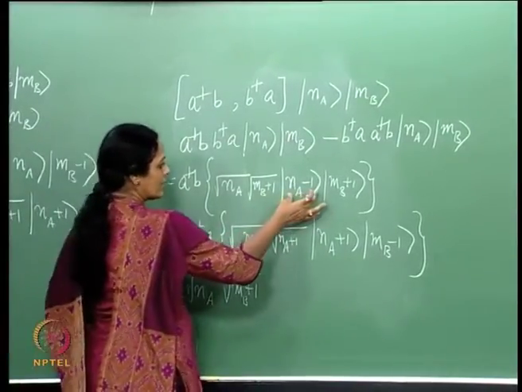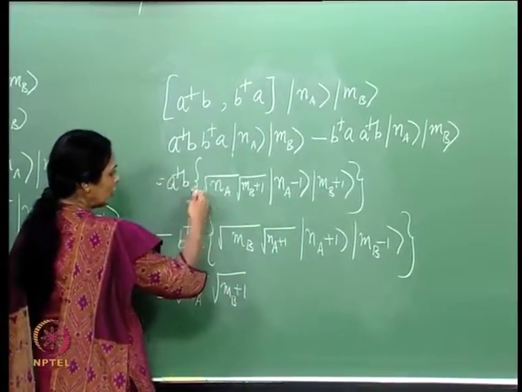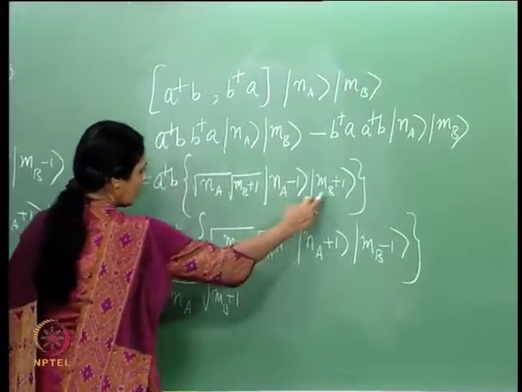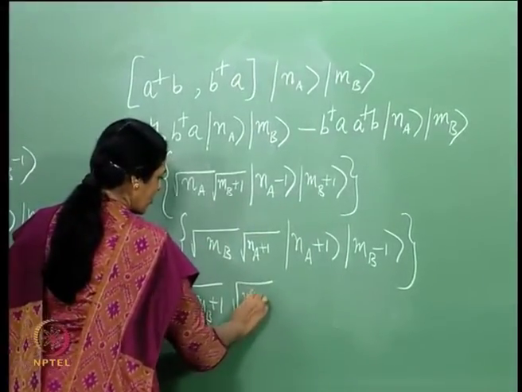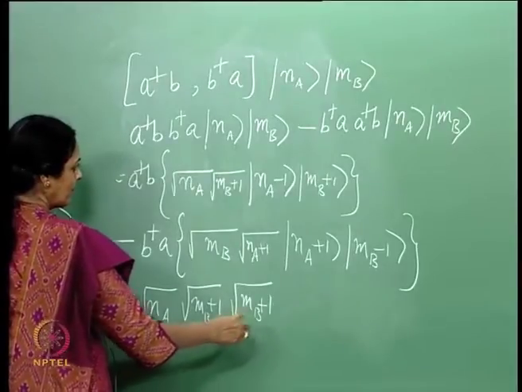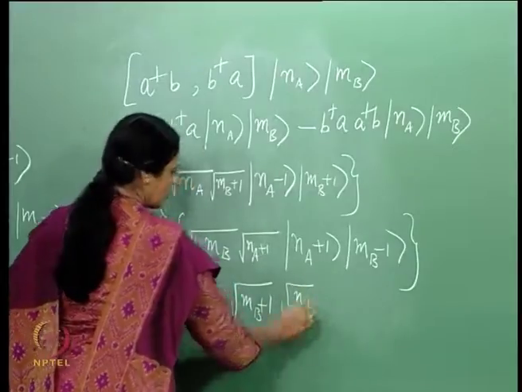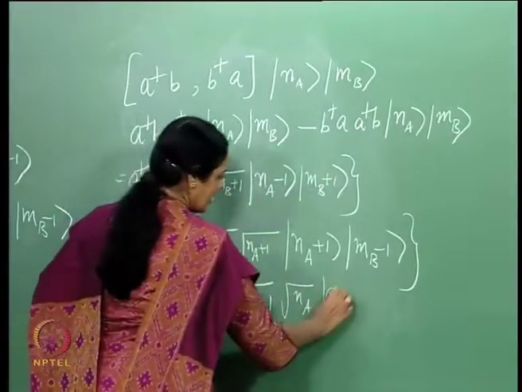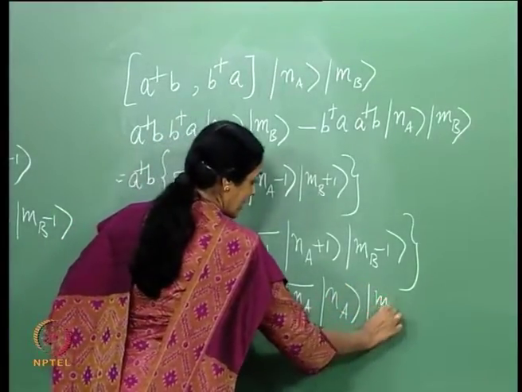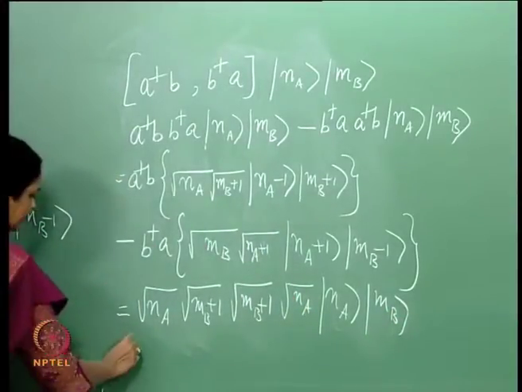So, the net state would be ket Na ket Mb. The coefficients are obvious. B acting on Mb plus 1 pulls out a root of Mb plus 1, and A dagger acting on Na minus 1 pulls out a root Na, leaving behind ket Na, ket Mb. That is from the first term.